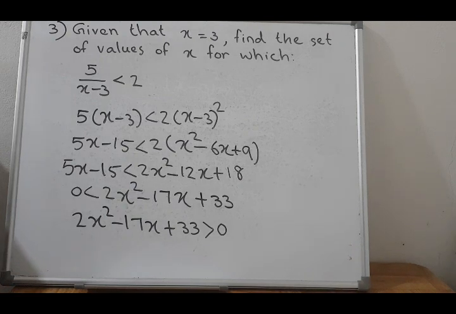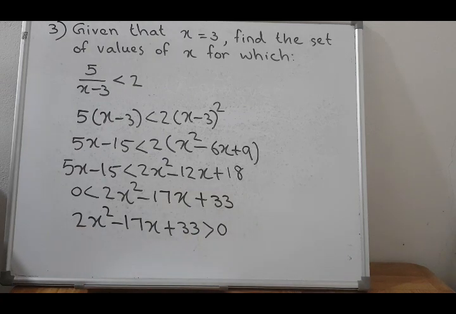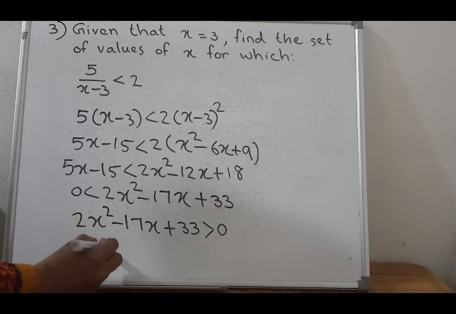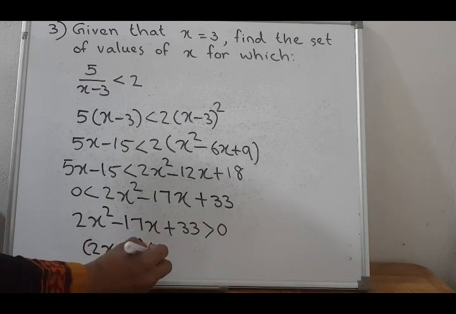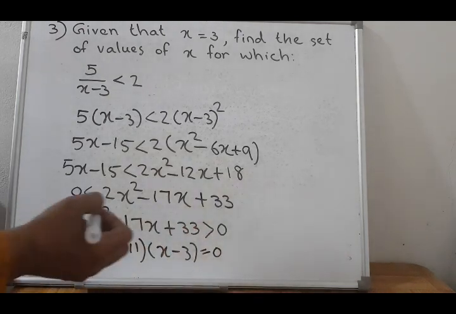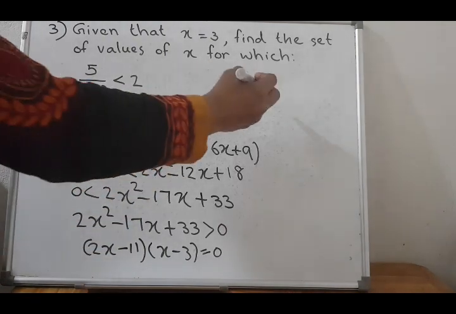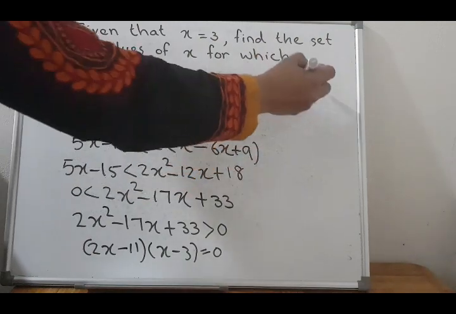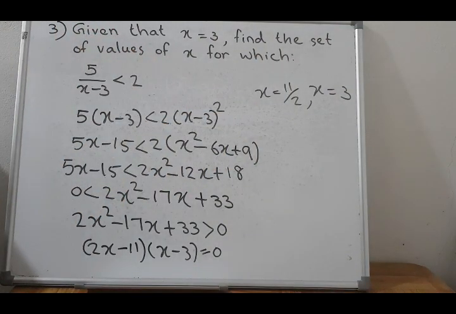You can use any method to solve the quadratic that you feel easy. (2x minus 11) times (x minus 3) is equal to 0. This will be the corresponding quadratic. That will give you either x is equal to 11 by 2 or x equal to 3, the critical values.